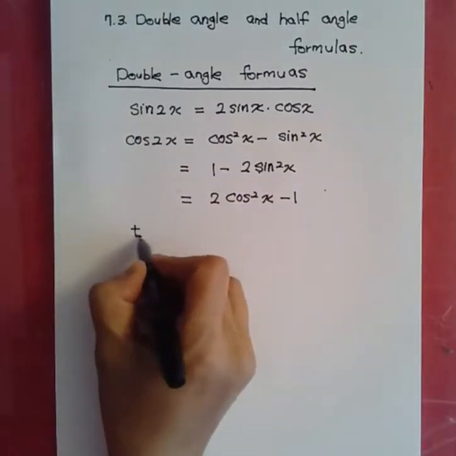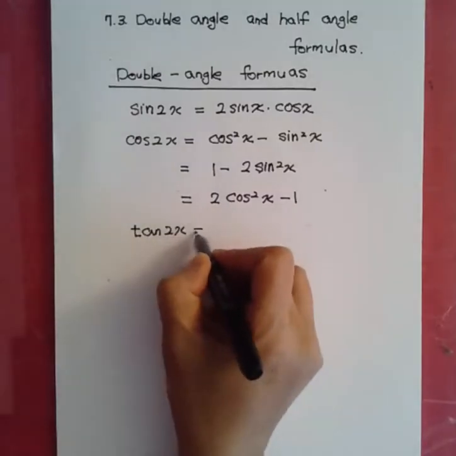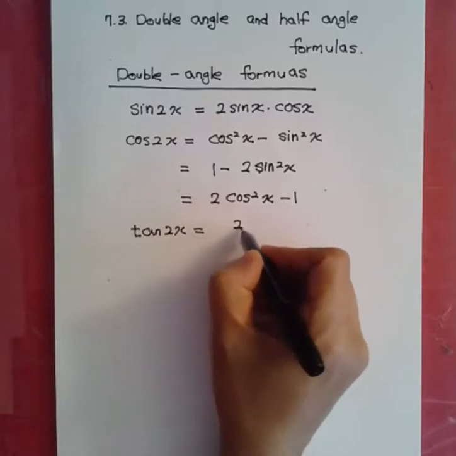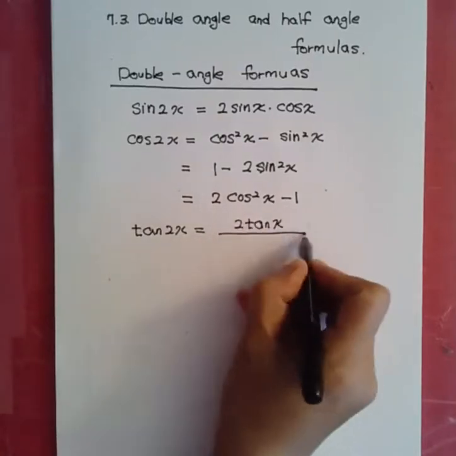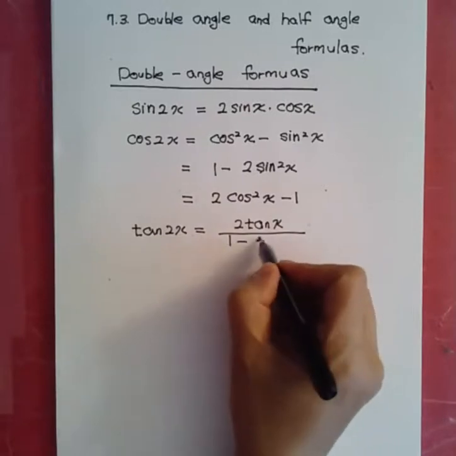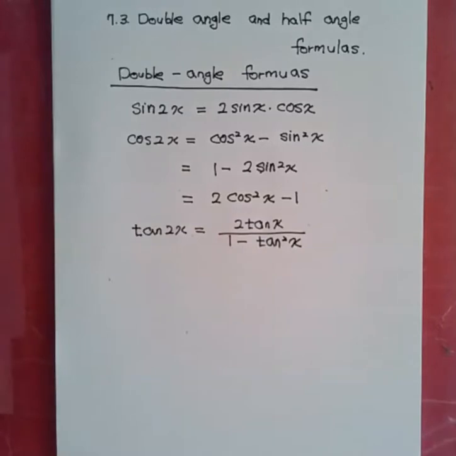We have a double angle formula for tangent also. Tangent of 2x is 2 times tangent of x over 1 minus tangent squared of x.